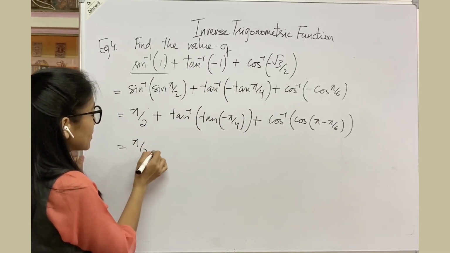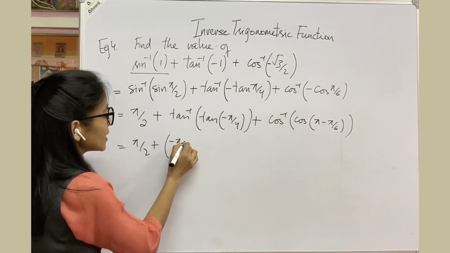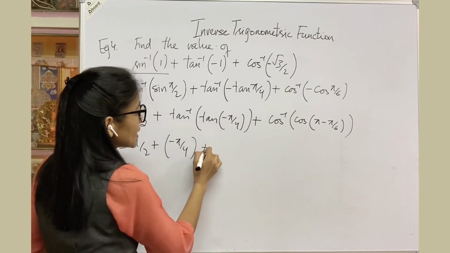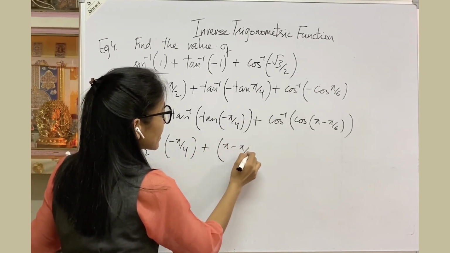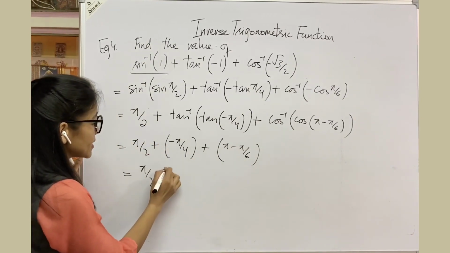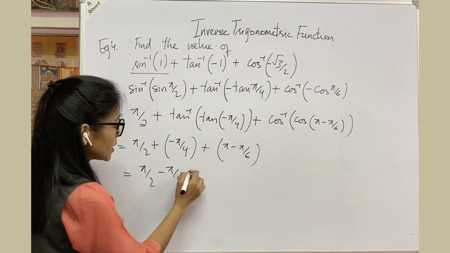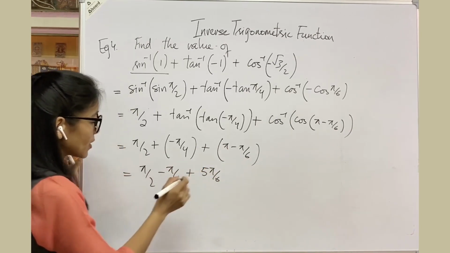So now we have pi by 2 plus, now you can cancel these two. So here we have negative pi by 4, plus these two you can cancel. So we have pi minus pi by 6. So now we have to solve this. Plus minus minus pi by 4, plus 6, there is 5 pi by 6. Now you have to solve this.